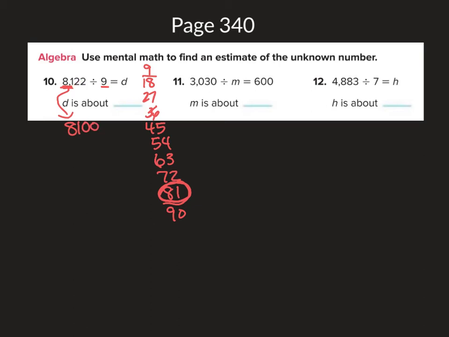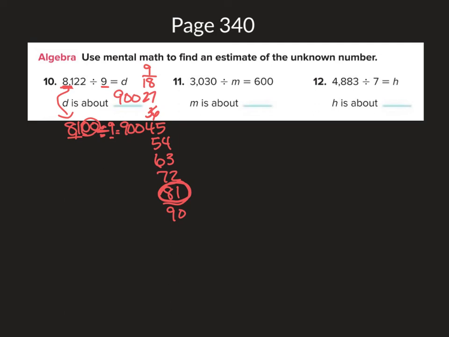I'm just making them zeros because I'm estimating. So 8,100 divided by 9. Okay, so I'm going to do 81 divided by 9, and that is 9. 2 zeros. The answer is about 900. Right? This is just straight up division, isn't it?